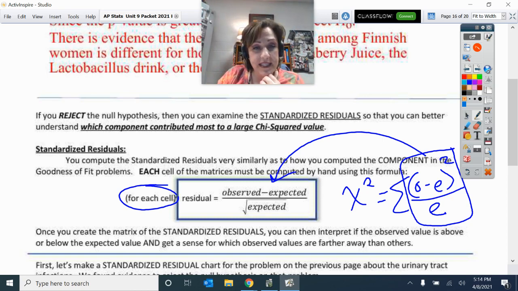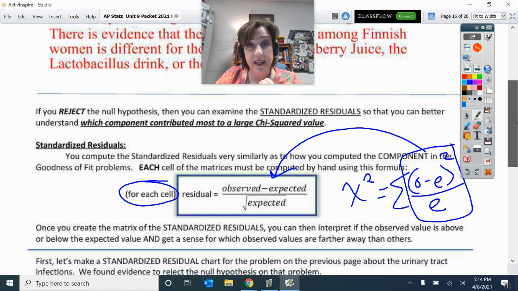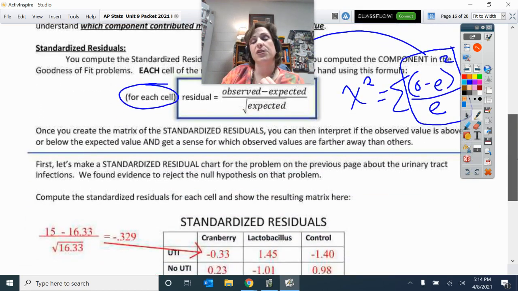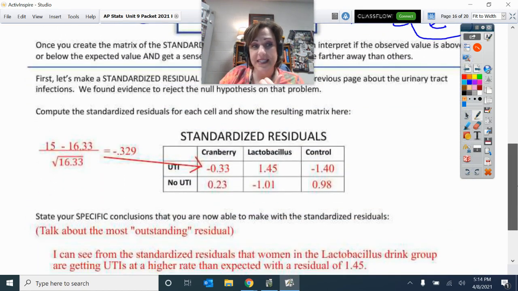Once you have created these standardized residuals, you can interpret whether they are above or below the expected value, and get a sense for which values were farther away from expected than the others. Okay, so let's do this for our lactobacillus data.